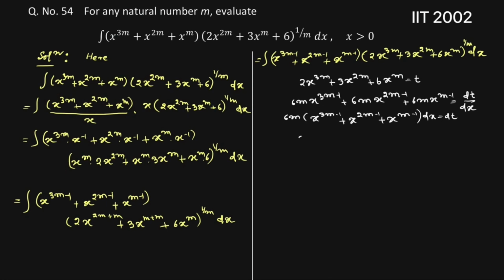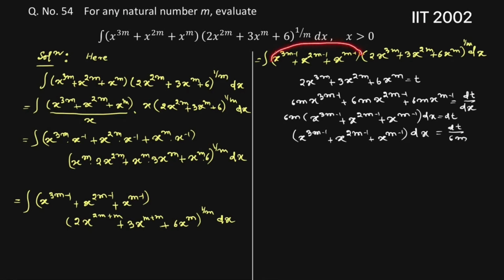Then we have x to power 3m minus 1 plus x to power 2m minus 1 plus x to power m minus 1 dx, which is equal to dt by 6m.